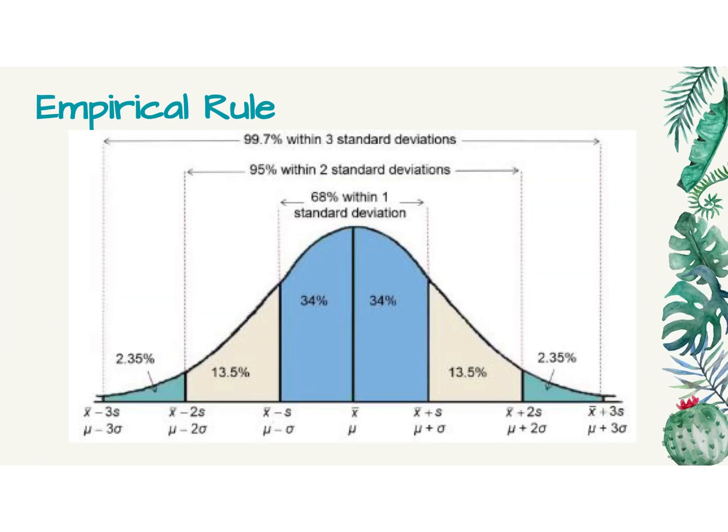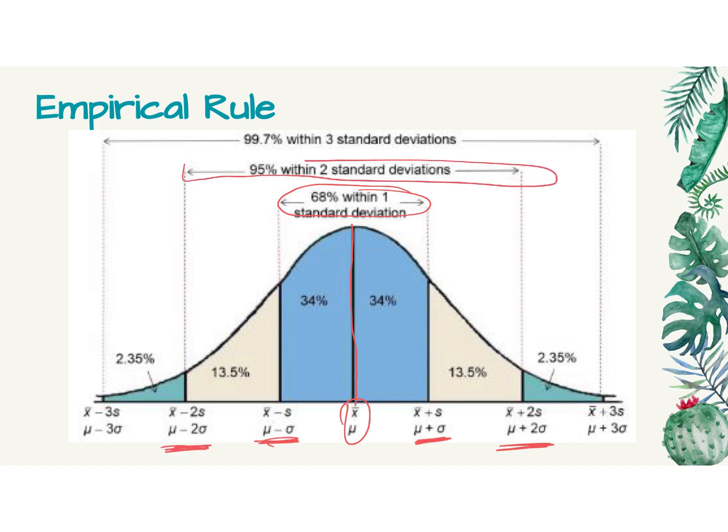You can see that here. We have our mean, our mu here in the middle. And then this is one standard deviation to the right. This is one standard deviation to the left. We get our 68%. This is two standard deviations to the right, two standard deviations to the left. We get 95%.